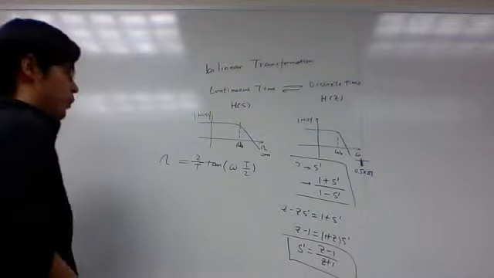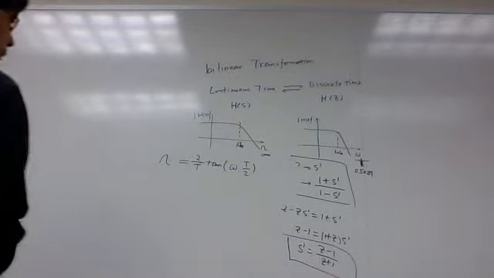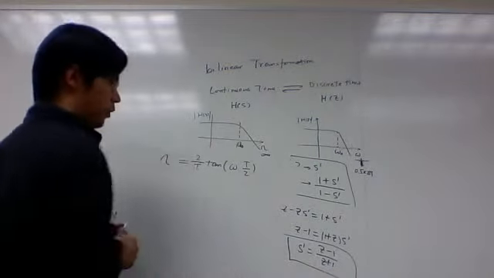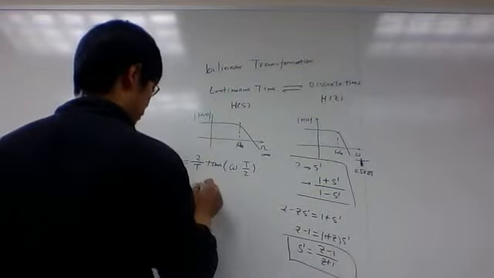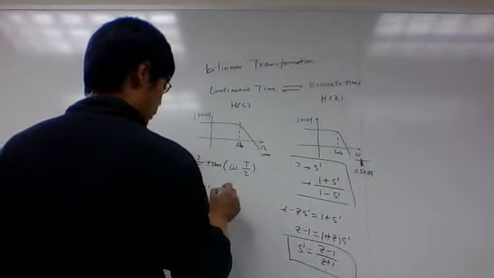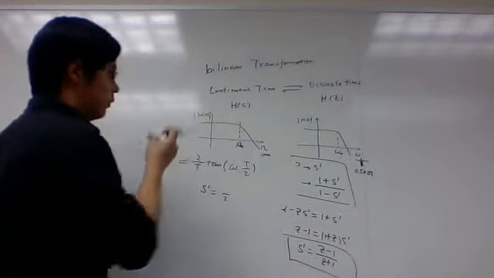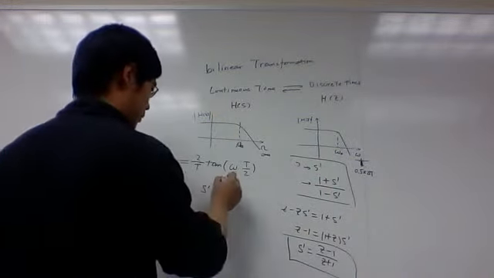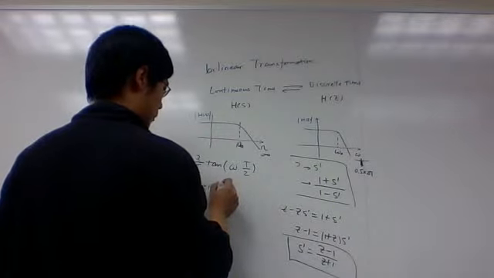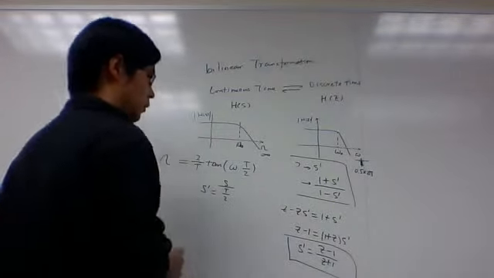So if we still keep our definition of S prime is equal to half S divided by T over 2, right?